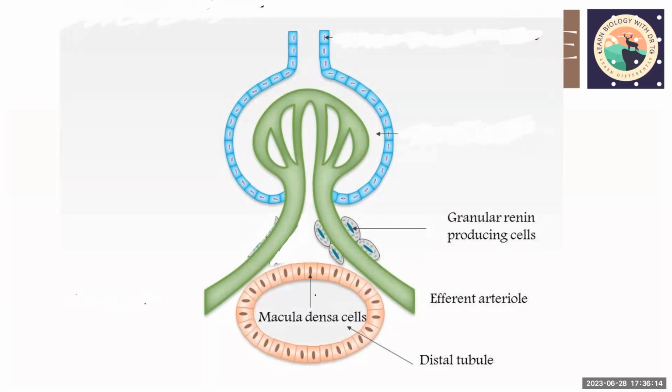I told you these cells are activated by low solute, volume, and pressure, and this causes granular cells to release renin. Renin can enter into the efferent arteriole. So steps 2 and 3. That's a summary of the 3 steps.